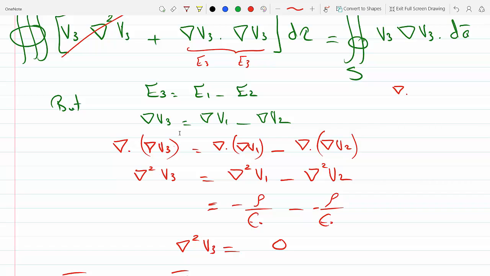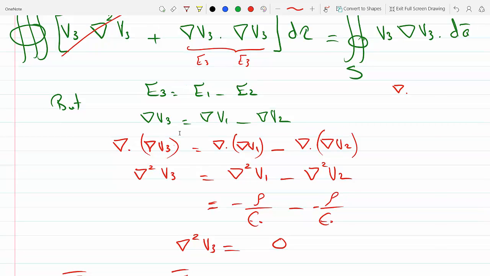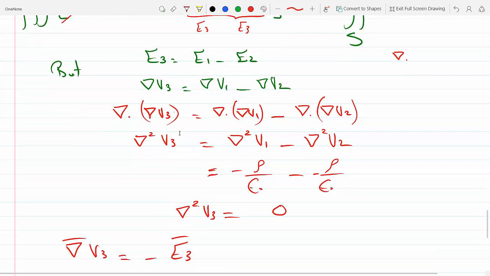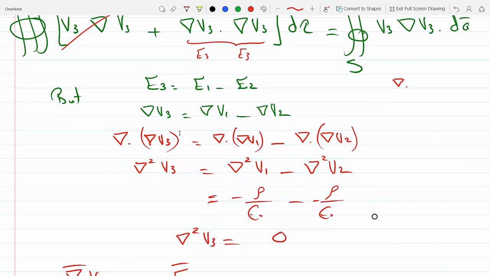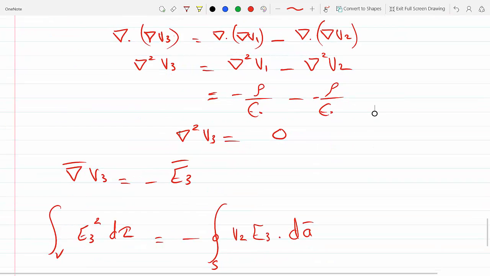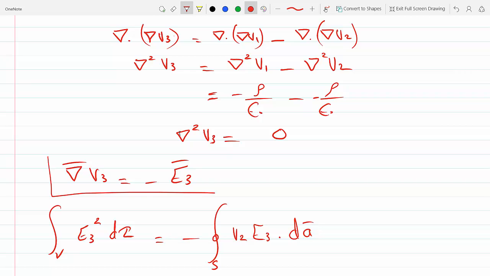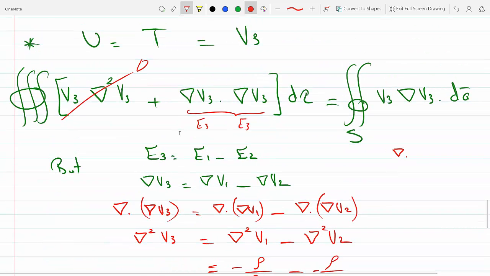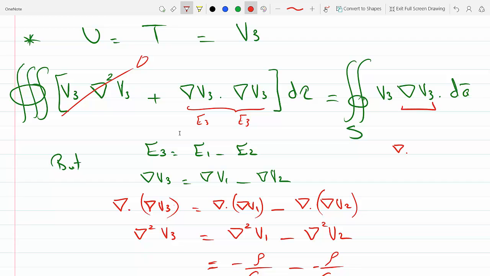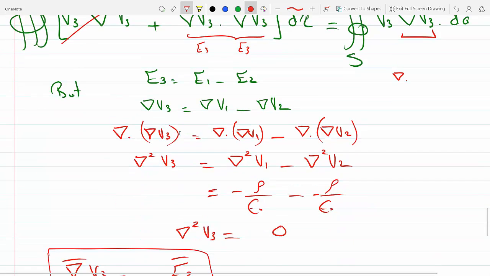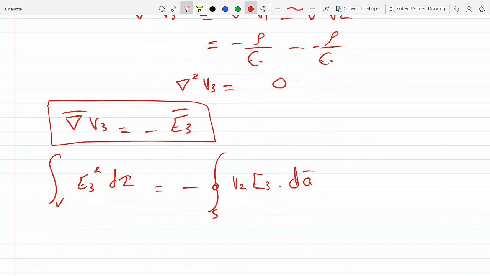What did we say? I'm missing a step. Oh, it's here. The gradient of V3 is minus E3. So I replaced this with minus E3 times V3. Oops, this is supposed to be V3. Dot dA. So far, so good?